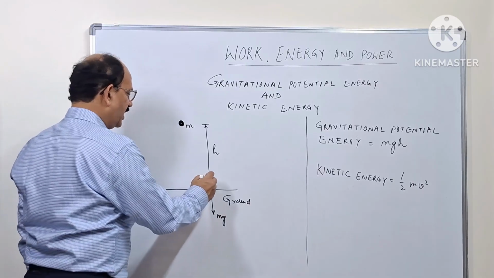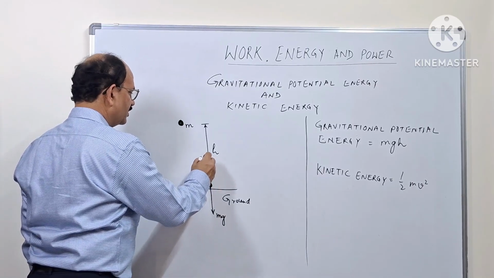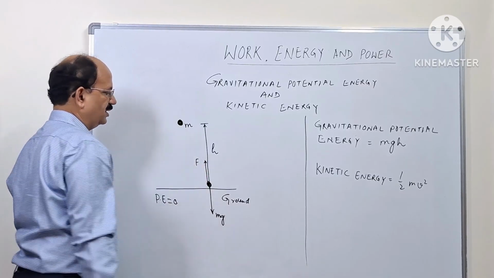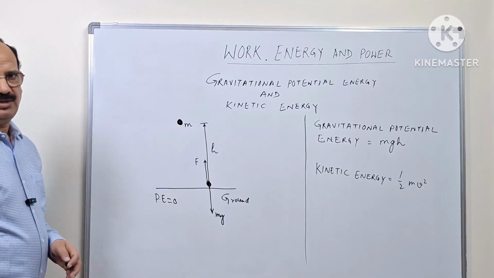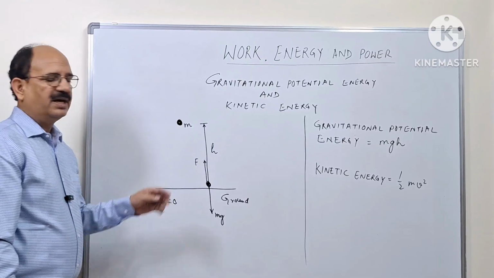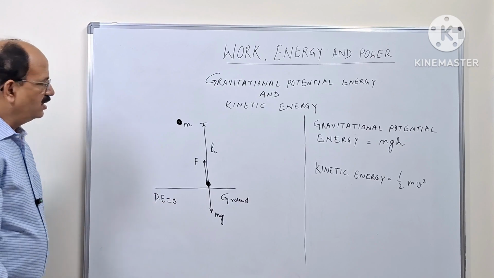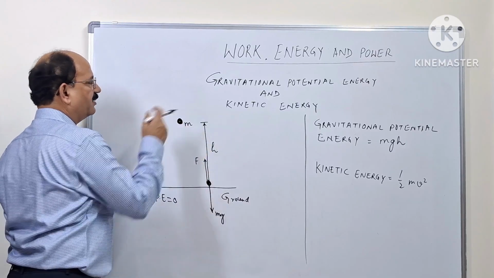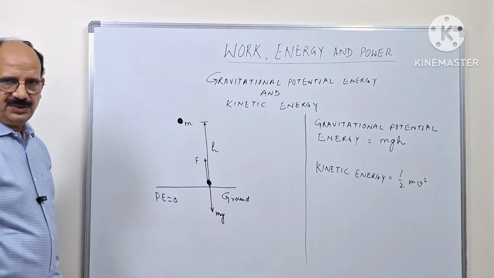So you will have to apply a force which is equal to mg, at least equal to mg. It may be even more than that, but at least equal to mg, to lift this ball from here and bring it up to this height.